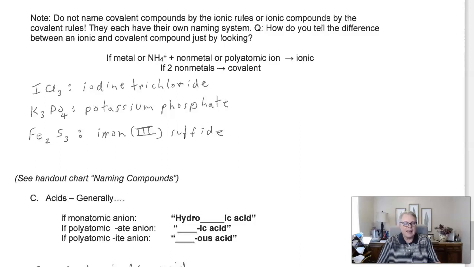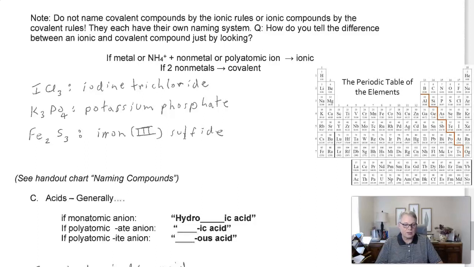If you see a metal, and remember the metals are all those elements down below the stair step over to the left in the periodic table, or you see NH4 plus, that ammonium cation, plus a nonmetal or polyatomic ion, it's ionic, cation, anion. If you see two nonmetals together, it's covalent. Use the prefixes. And that's how it works.